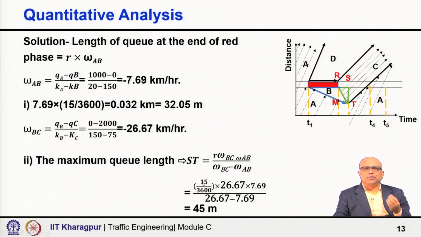We know the red time is 15 seconds, the speed of shock wave BC is 26.67, into omega AB, which is 7.69, divided by omega BC, which is 26.67, minus omega AB, the speed, which is 7.69. So, we take that and you get the maximum queue length as 45 meters.